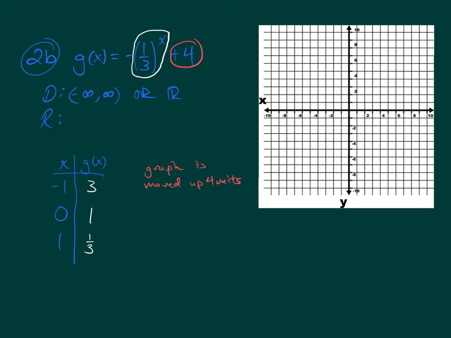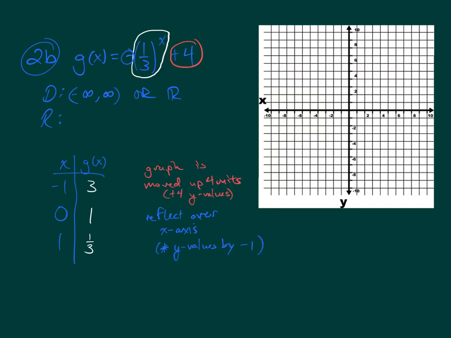And the little symbol in front, this negative here, tells you to reflect over the x-axis. Now, if you're moving up 4 units, that means you add 4 to the y values. And if you're reflecting over the x-axis, that means you'll multiply the y values by -1.